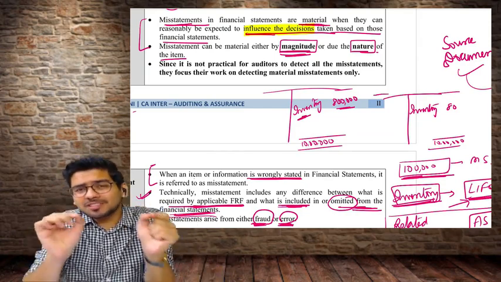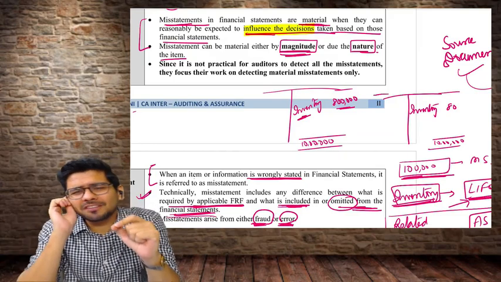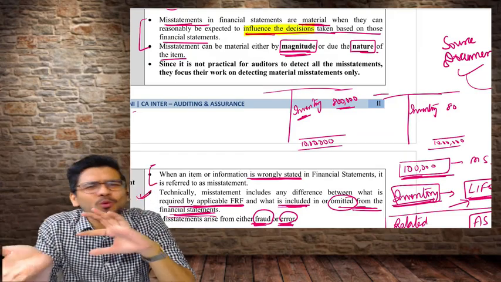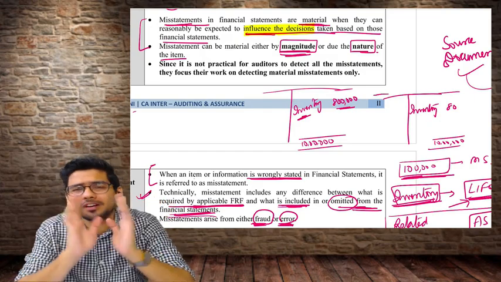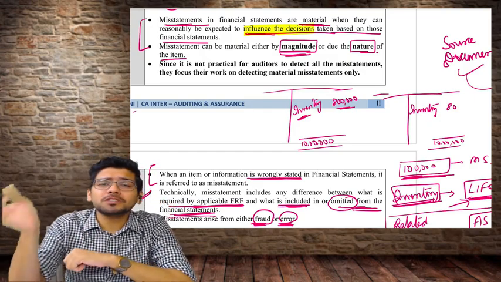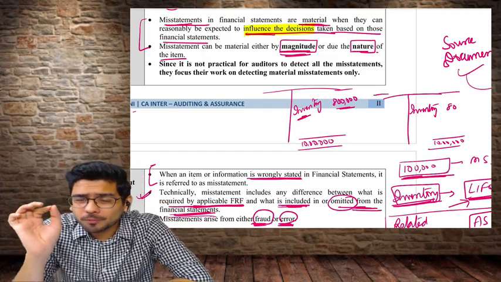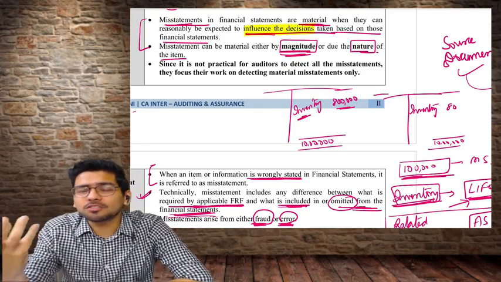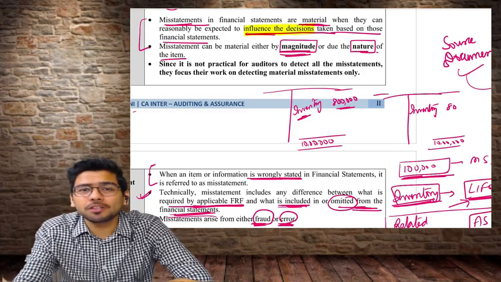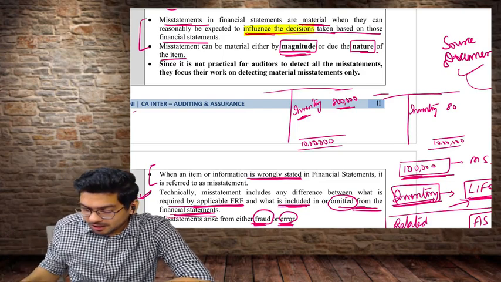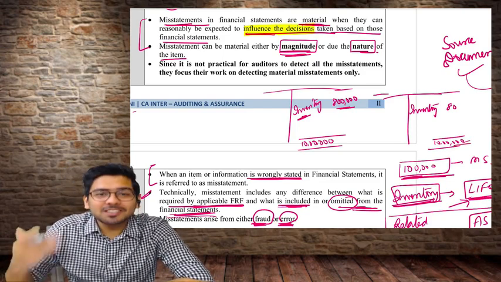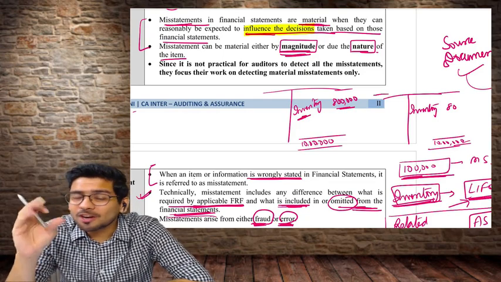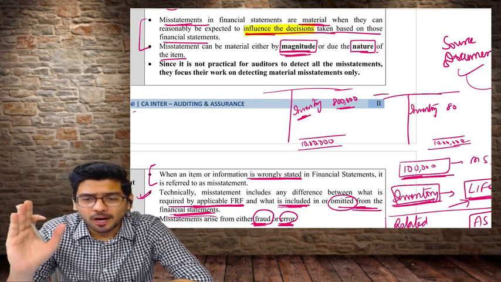Even if there are misstatements in this 80 rupees, even if it should have been, let's say, 82, or if it has not been properly valued, it is not going to influence the decisions of the users, because the magnitude is extremely low. It is not going to impact the decision making of the users. Out of total assets, it is not even 1%, so it cannot be termed as material. Are you able to understand?